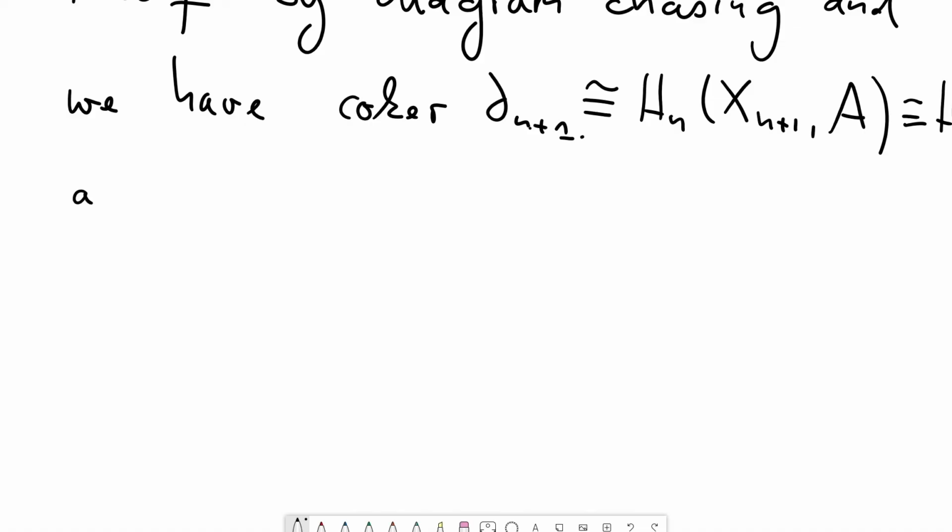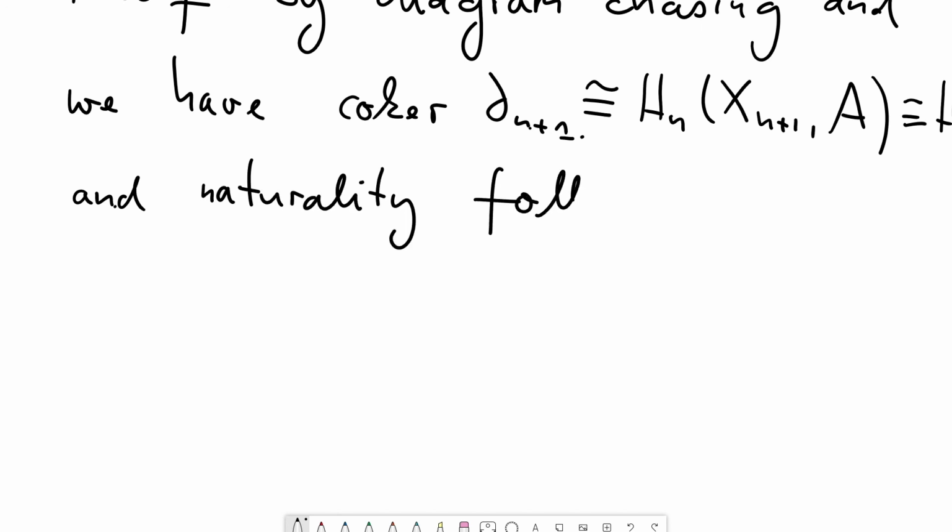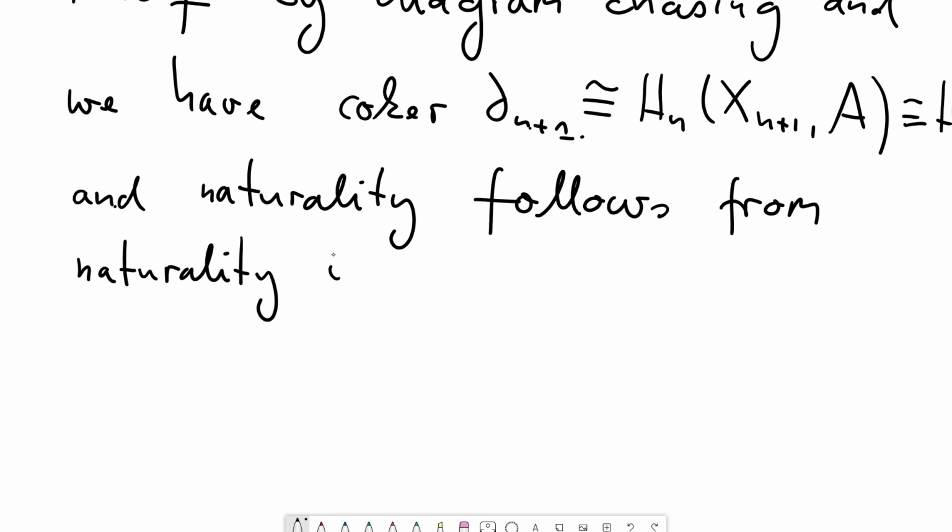But there I'm lazy enough to say that naturality follows from the naturality statements in the long exact sequences.